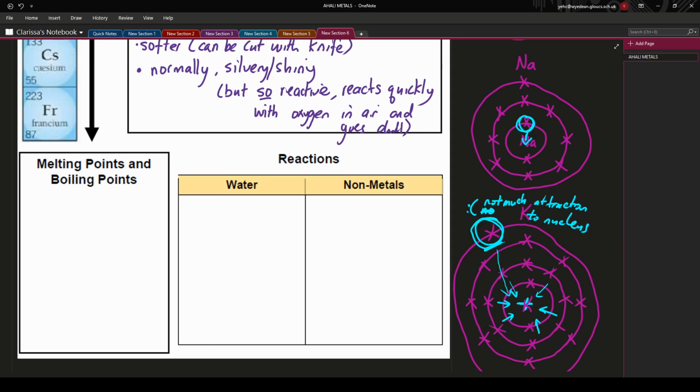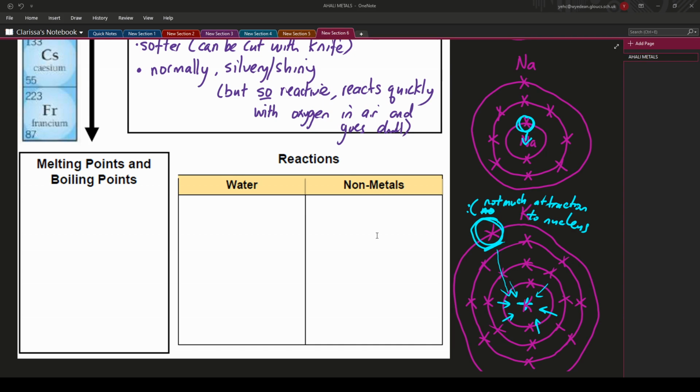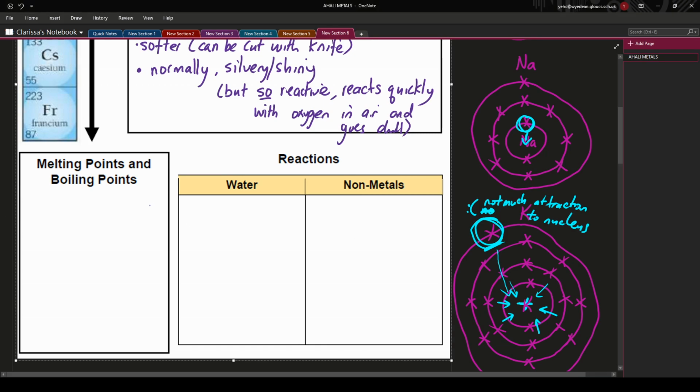Now, when it comes to the melting points and boiling points of our alkali metals, for metals, they're pretty low. Once again, low for metals. It can't be that low because they're still solid at room temperature, but low for metals.